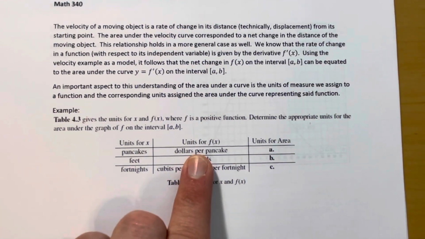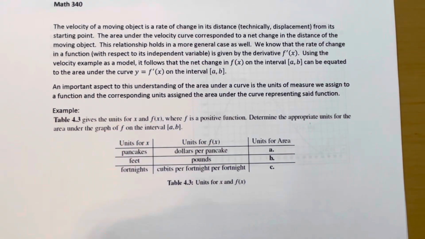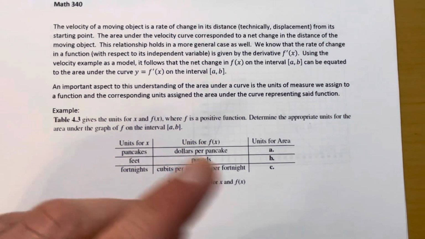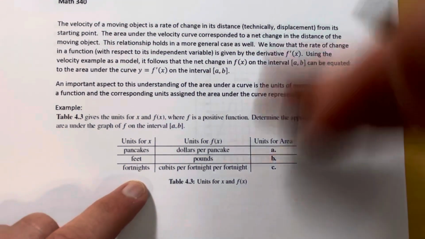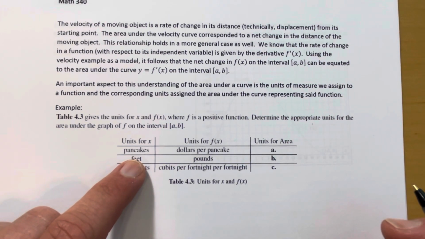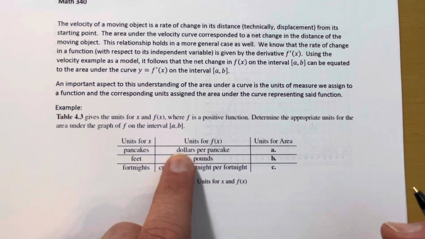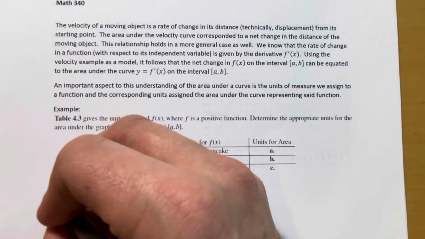So for example, in this example here, we're given units for x and f of x, where f is some positive function, and we want to determine the appropriate units that we would use for the area of the graph. So that's like distance from a velocity graph, the example we just talked about. So here, if the units for x are pancakes and the units for f of x are dollars per pancake, then what are the units of the area here?